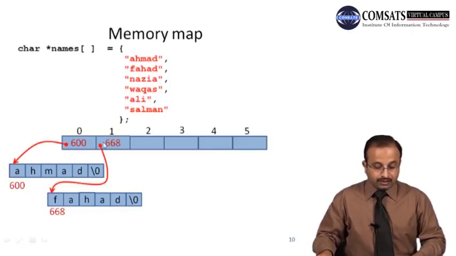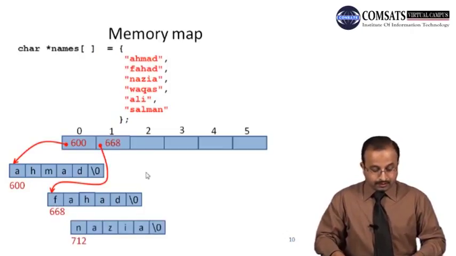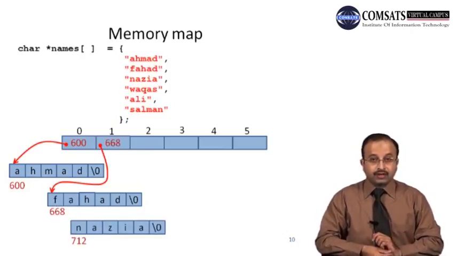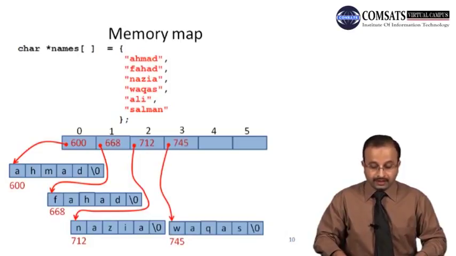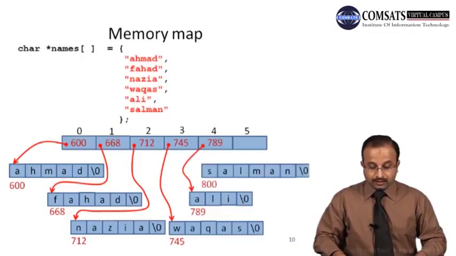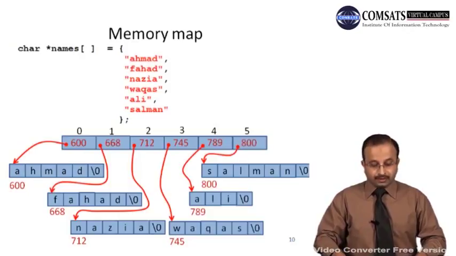This means this 1st index is a pointer that points to the memory location where we have the string Fahad. Then memory is allocated for Nazia, and its address will be stored in the 2nd index, Waqas in the 3rd index, Ali in the 4th index, and then Salman in the last index, the 5th index, right?